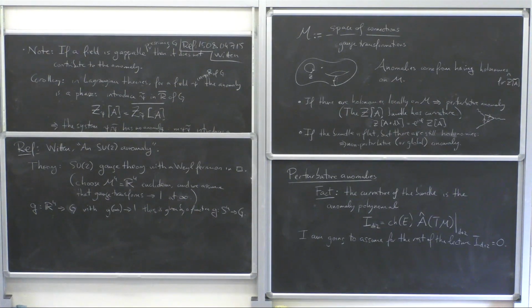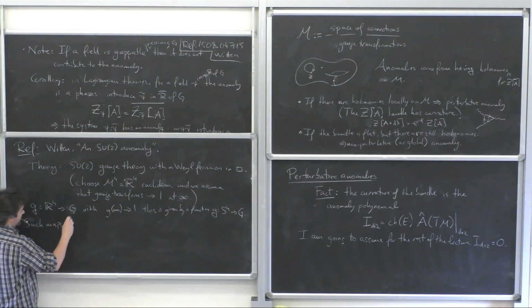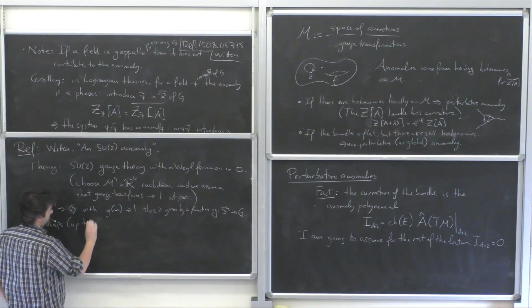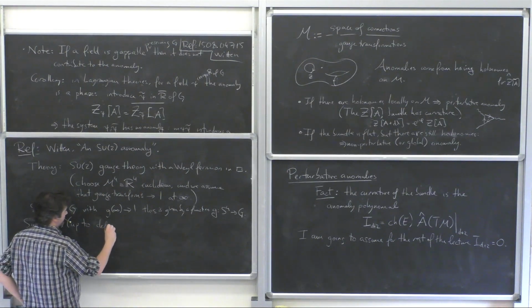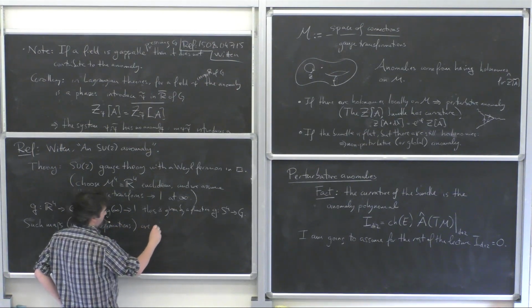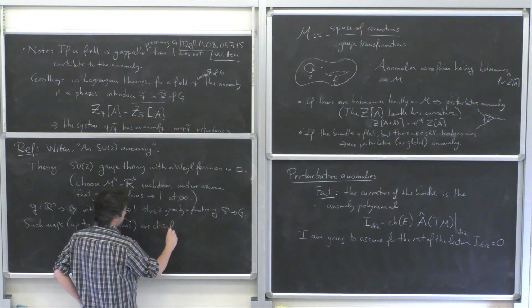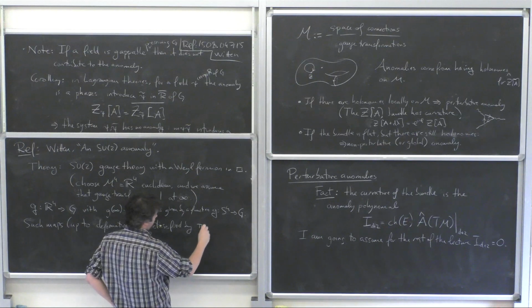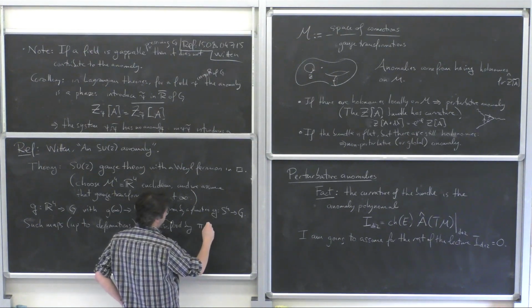Okay, so let's study which kinds of gauge transformations we have in R4 for a generic group G. Such maps, up to homotopy, up to deformations, are classified by pi 4 of G.